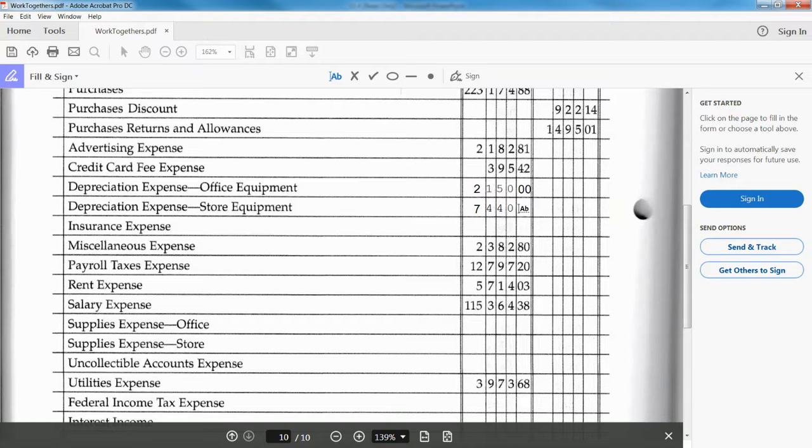And remember, I got all of these from the general ledger. I just don't want to flip back and forth and confuse you guys or make you dizzy. And then insurance expense is $9,600.00.